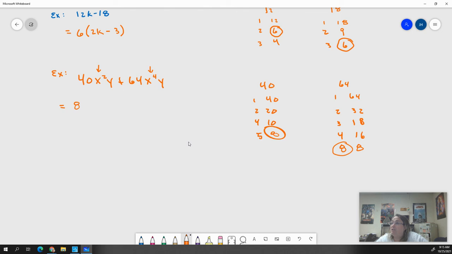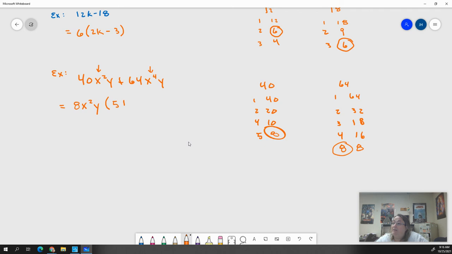So I can pull out 2 X's, X squared. They each have a Y component. It's the same one, so I could pull out 1 Y. And if we factor those out, we have to look at what's left. So 40 divided by 8 is 5. Here I pulled out 2 X's, and I only had 2 X's, so I have none left. Here I pulled out 1 Y, and I already had 1 Y, so I have none left.